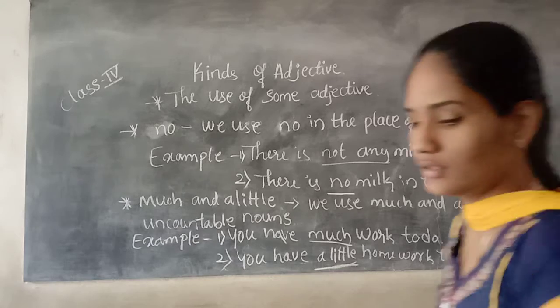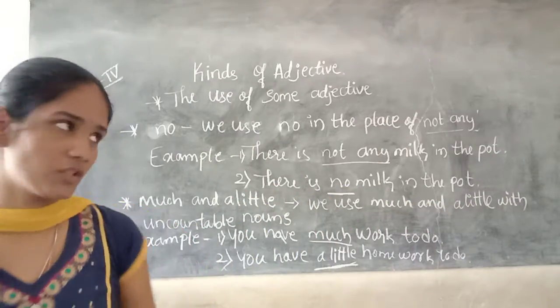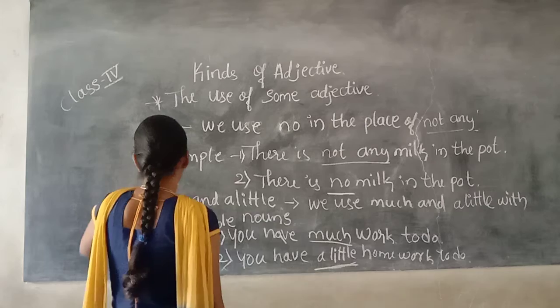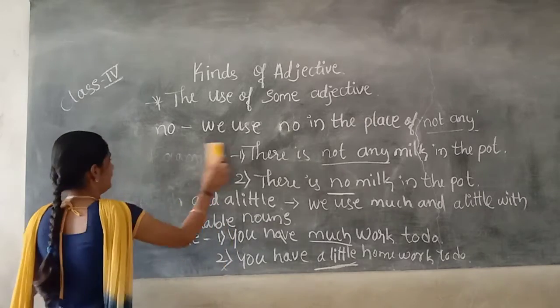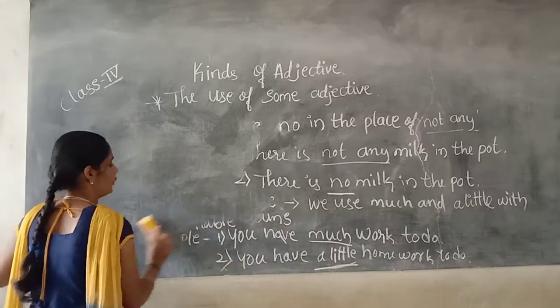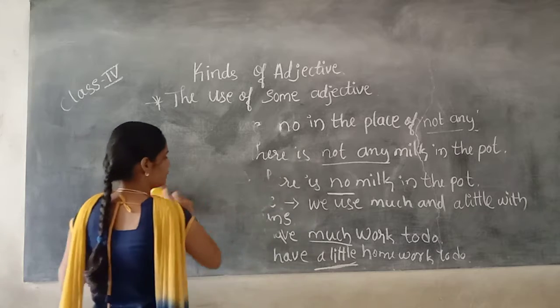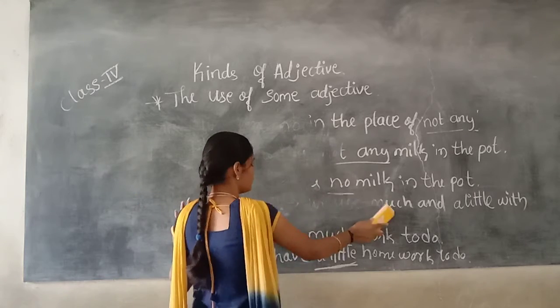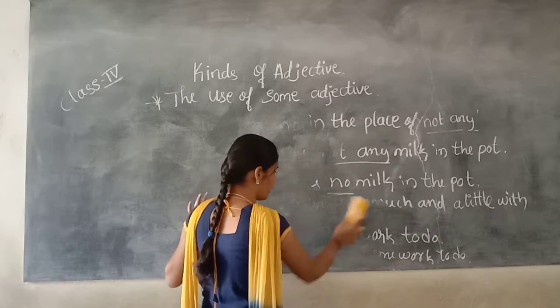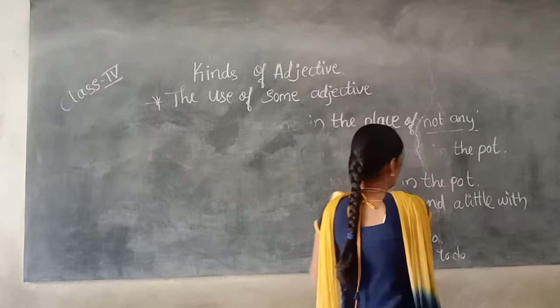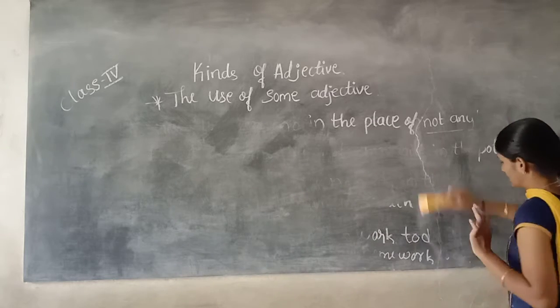Okay students, now we have completed much and a little, and now we have many and a few. See, these are opposite words. Much indicates too much of a word, a little indicates less.